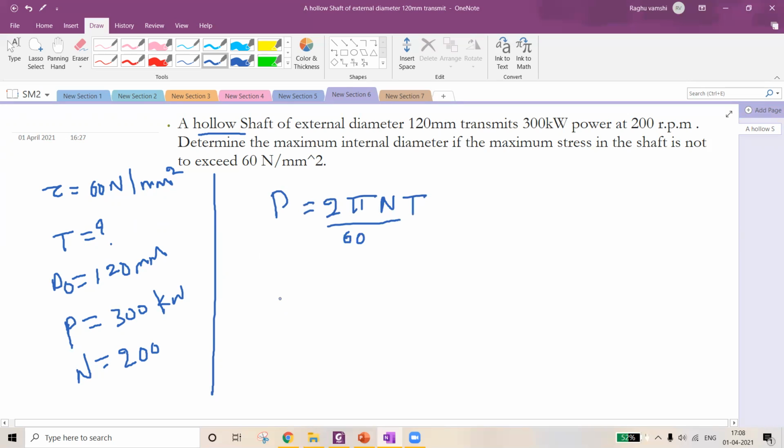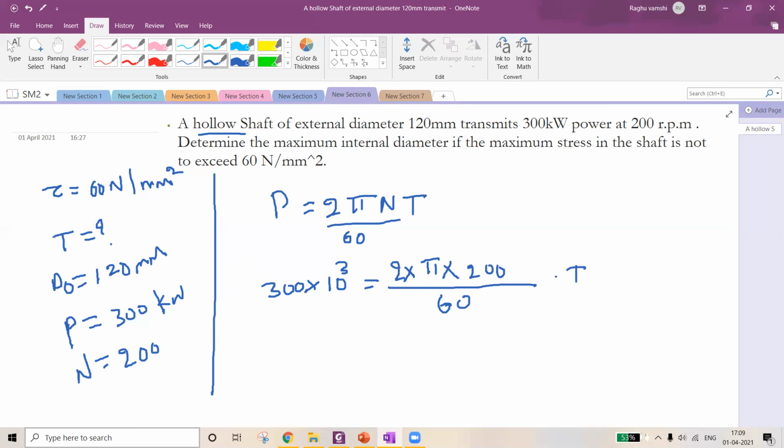Power is 300 into 10 to the power of 3 equals 2 pi into 200 by 60. This will give us the value of T.